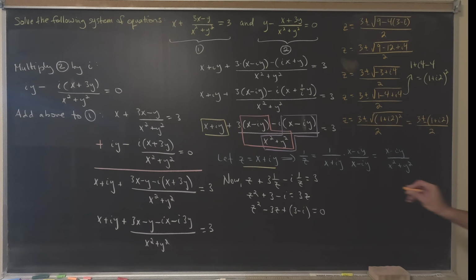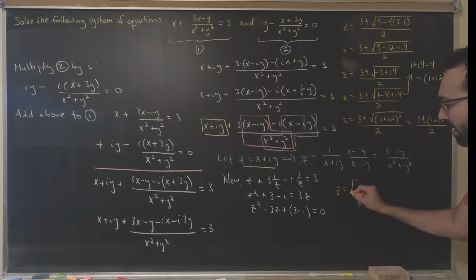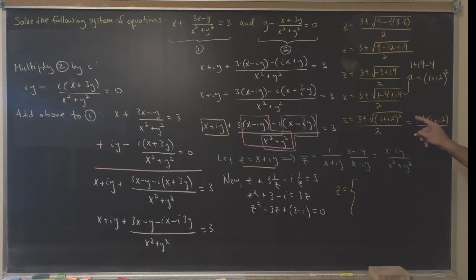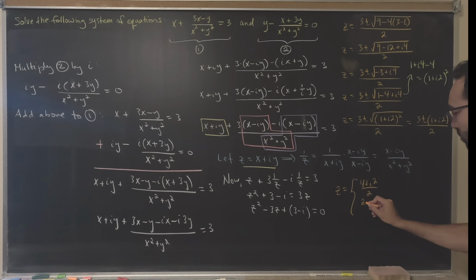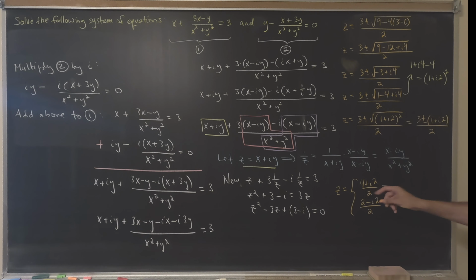And so if we look at the two solutions that we obtained for z, we have the following. 3 plus 1 plus 2i is 4 plus 2i, all divided by 2. And then we have 3 minus 1 minus 2i, which gives us 2 minus 2i, all divided by 2. And both of these simplify nicely to 2 plus i and 1 minus i.